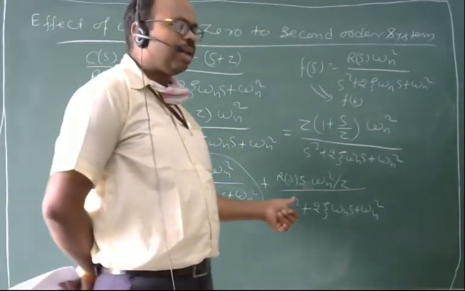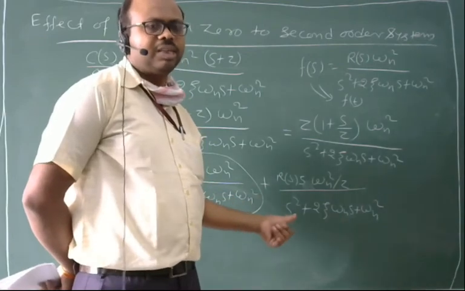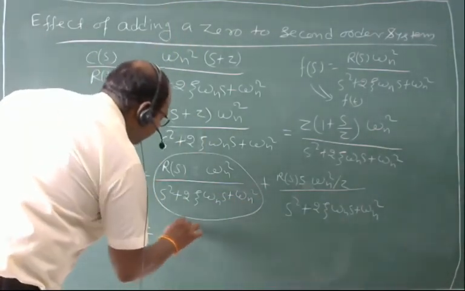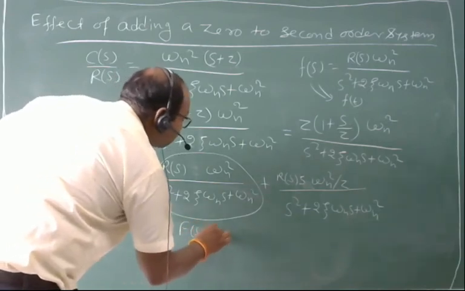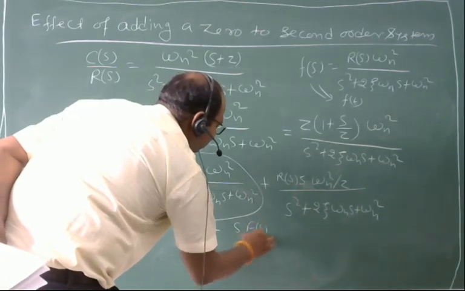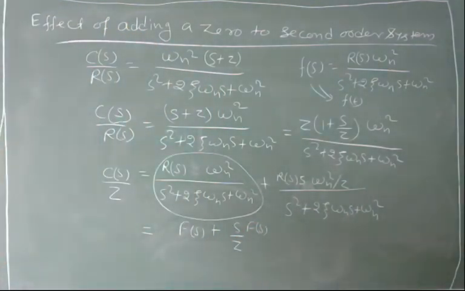This is nothing but s into F(s). Therefore, I can write it as F(s) plus s F(s) divided by z.